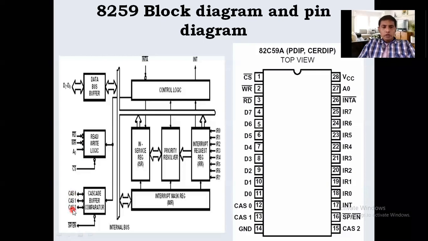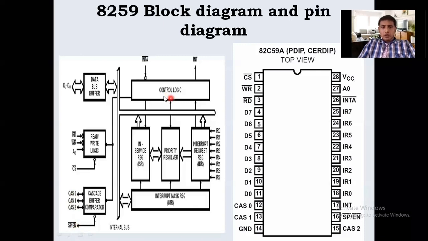So whenever the CPU gives the interrupt acknowledgement signal, the master again sends the same code to the concerned slave. Then the slave understands that it will execute the instructions with the help of the CPU at that time. Whether we are selecting a slave or master is set by the SP bar / EN bar pin.